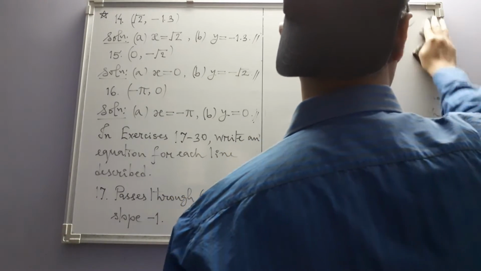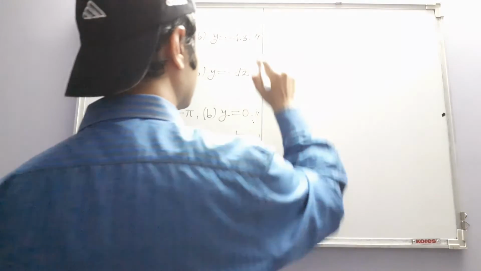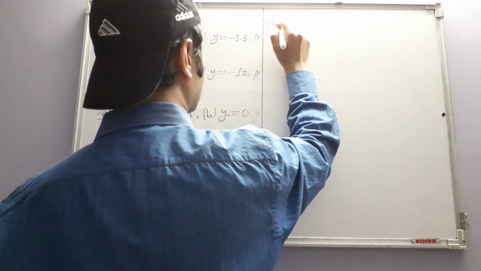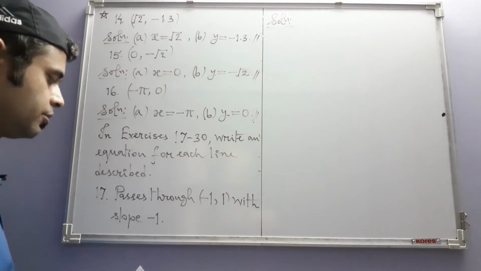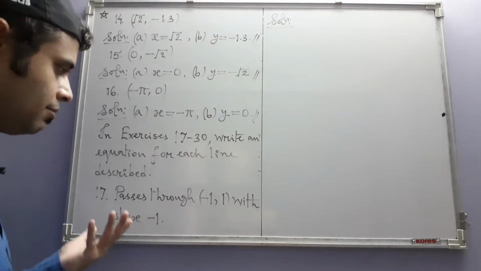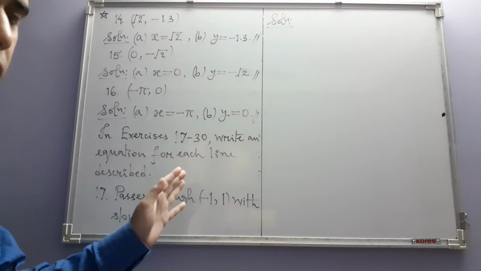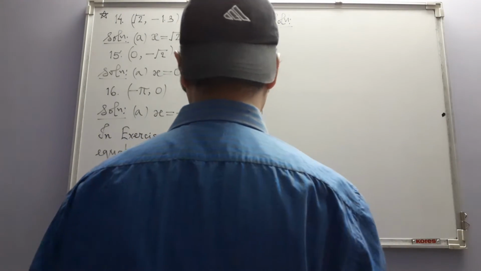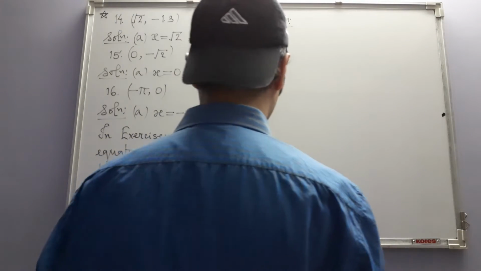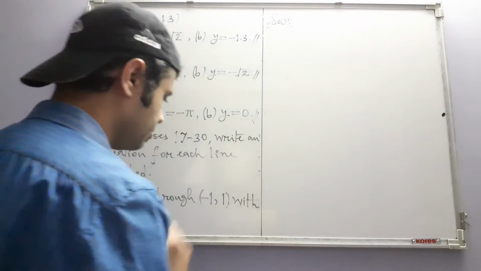The point slope form. You should of course write in the solution that an equation of the given line is like that. You have to write those words, but we are here simply going to write the equation and then we will simplify it to make it look good.